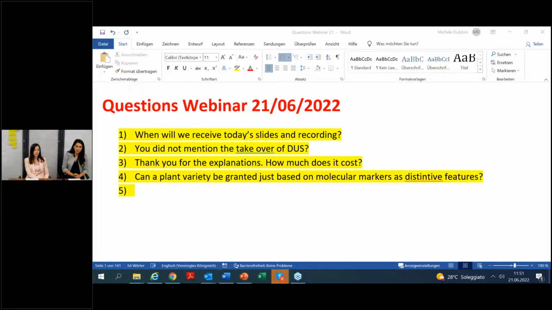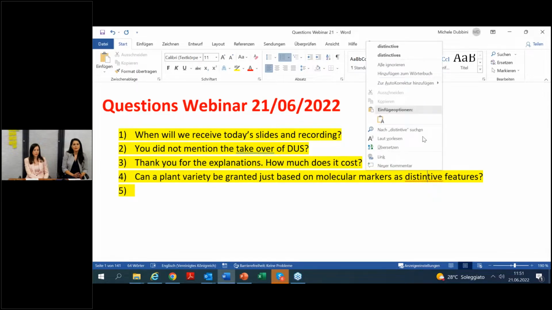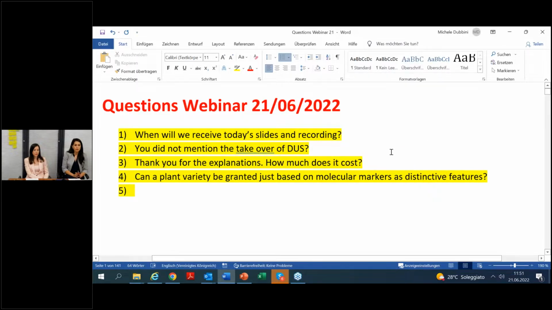So the examination fee can go from 1,500 euros to almost 3,000, and that has to be paid for every year of examination. Some species require just 1 year of observation, and some others may require more years. This is also explained in the technical protocol, which was also mentioned by Angela before.